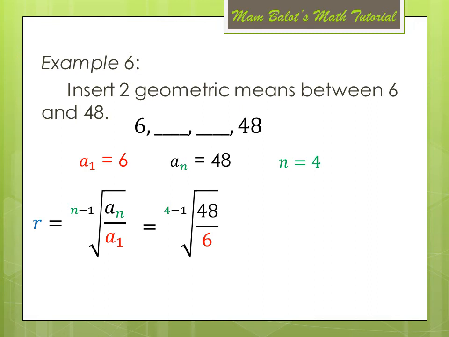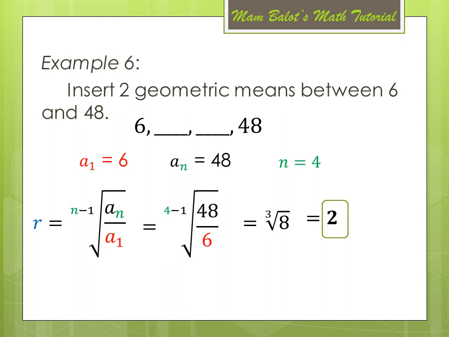So evaluating further, 4 minus 1 is equal to 3, and 48 divided by 6 is equal to 8. So we have now the cube root of 8, which is equal to 2. So 2 is the common ratio of this sequence.